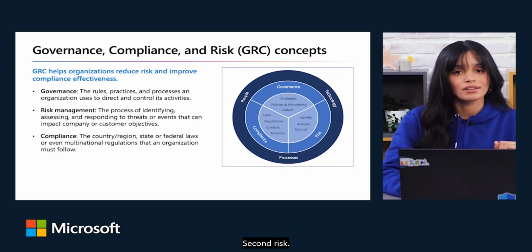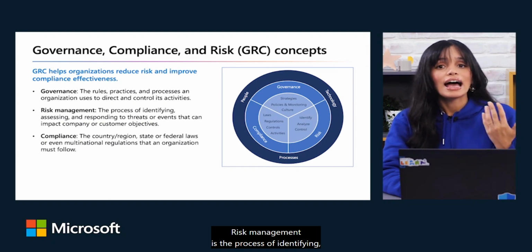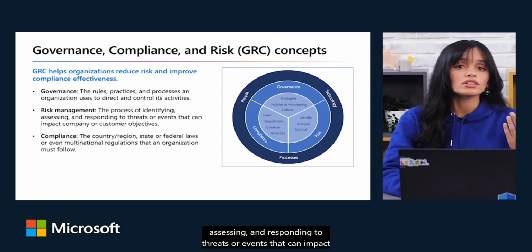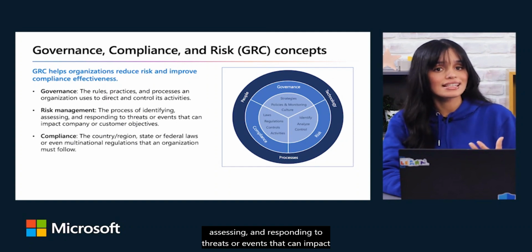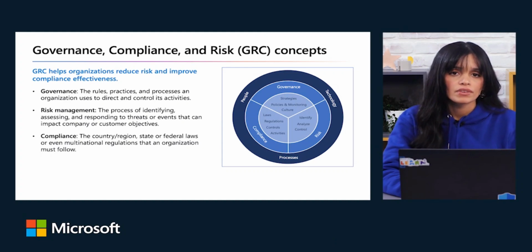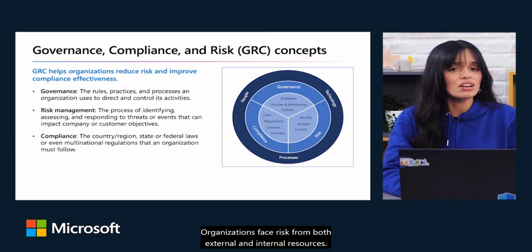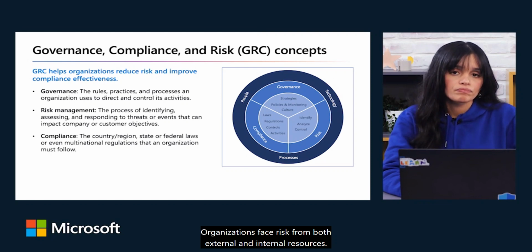Second, risk. Risk management is the process of identifying, assessing, and responding to threats or events that can impact company or customer objectives. Organizations face risk from both external and internal sources.